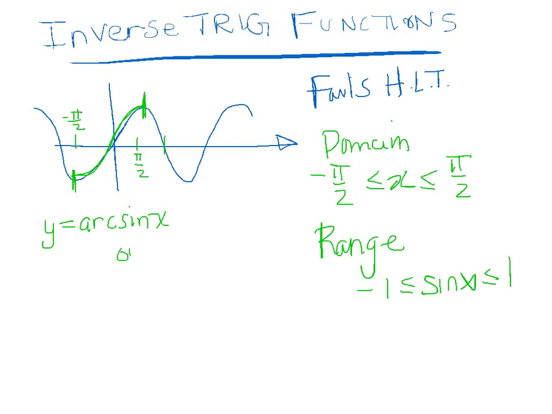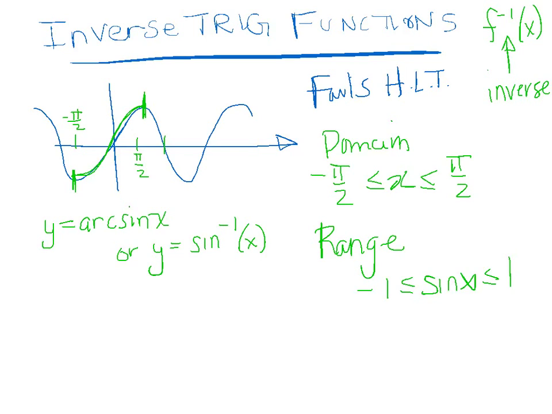Or we can simply use that inverse notation, y is equal to the inverse of sine of x, just like when we had f inverse of x. So f negative 1 of x, that was our notation for inverse, right? Inverse function.